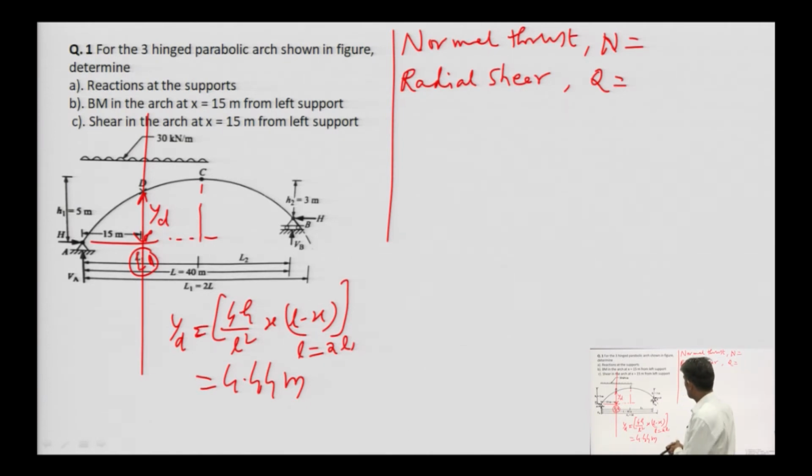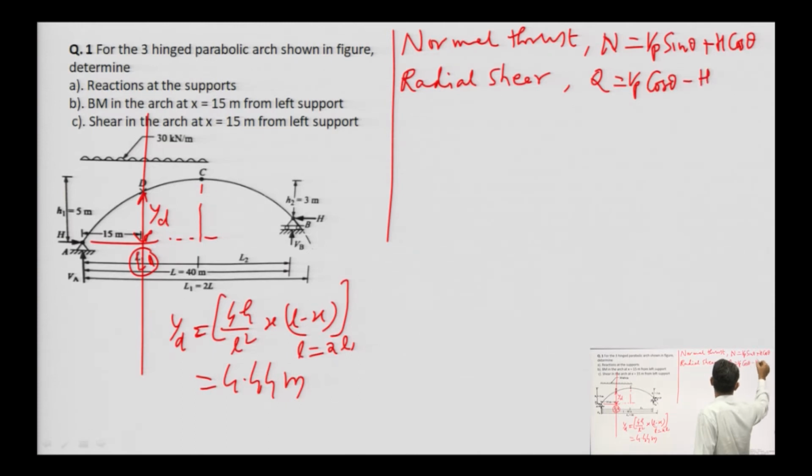So, the value of N is, actually, Vp sin theta plus H into cos theta, and Q is Vp cos theta minus H into sin theta, okay.